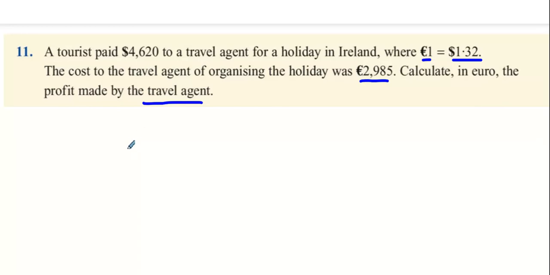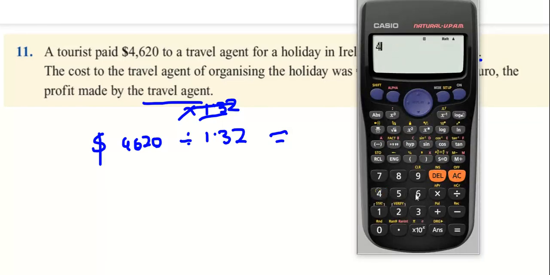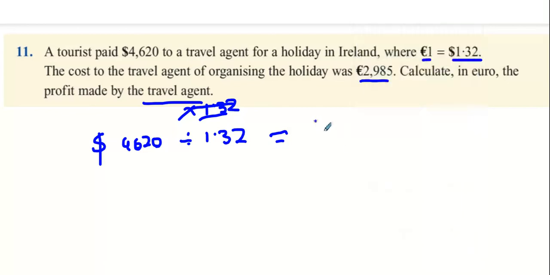Alright, first thing we're going to do is convert $4,620 back into euro. It should be a smaller amount, so you should be dividing by 1.32, because if you multiply by 1.32, you'd make it bigger. Okay, so 4,620 divided by 1.32, and what we get is €3,500.